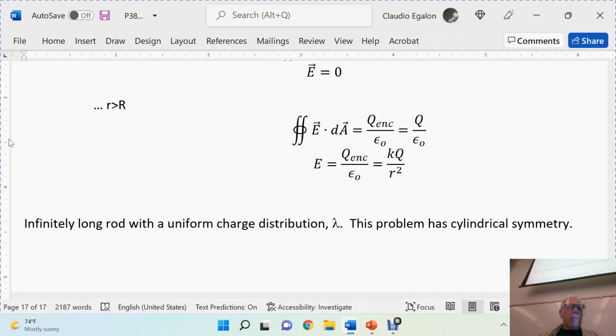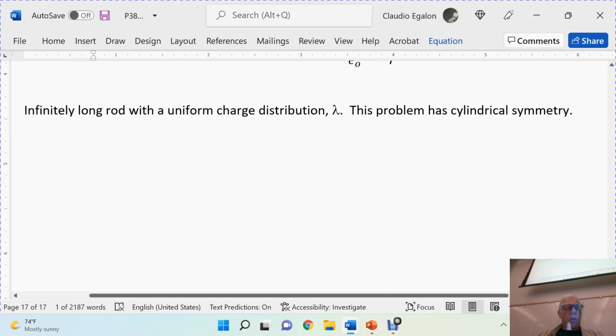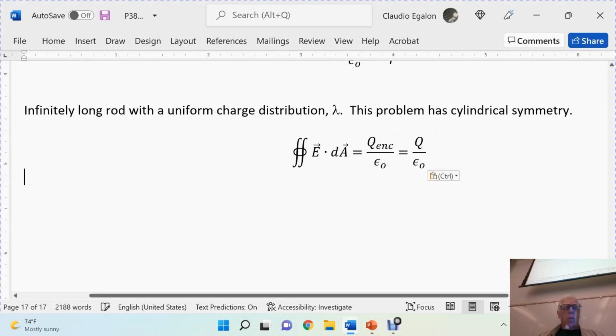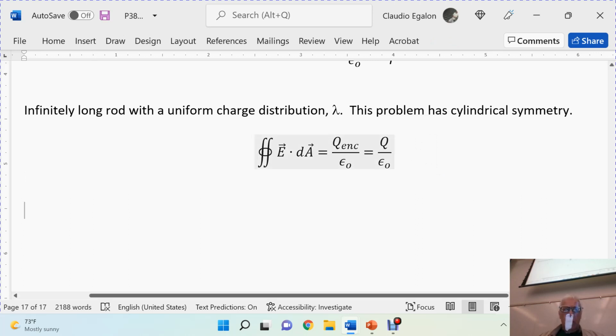Always start with Gauss's law. Q enclosed. What's the Q that's enclosed?